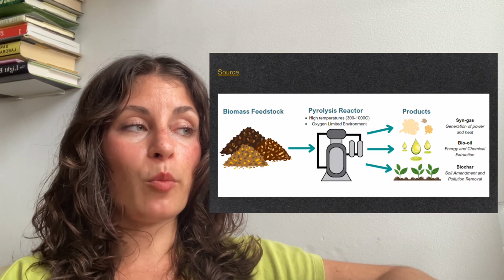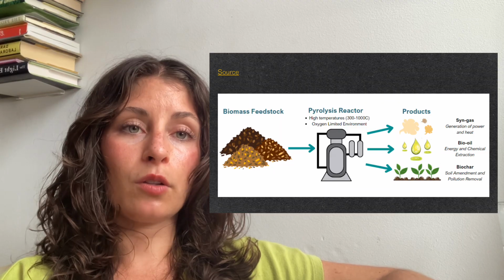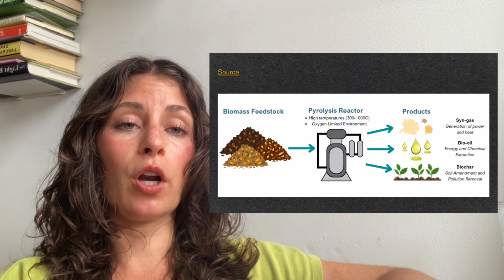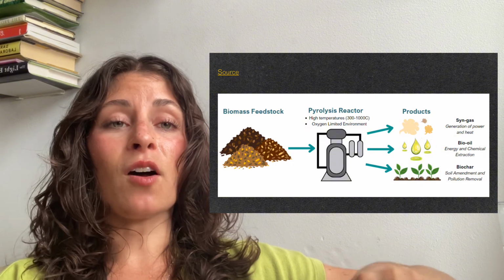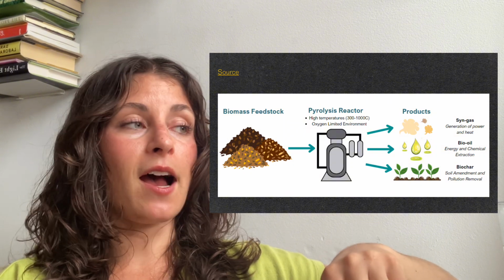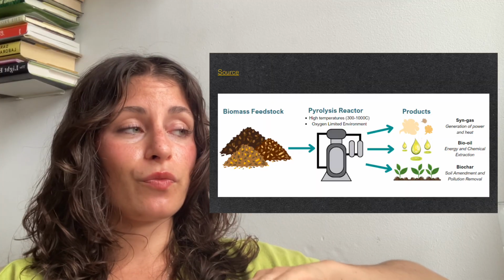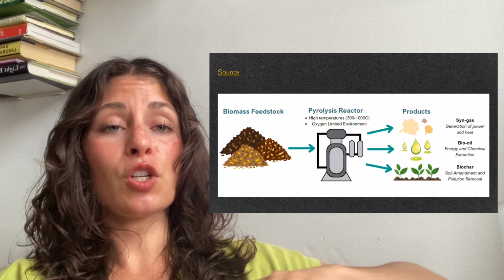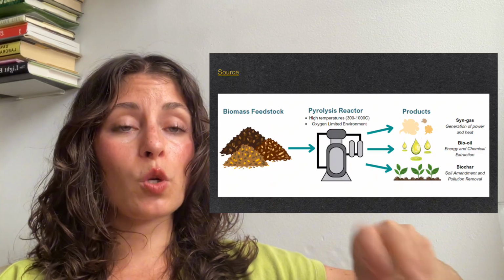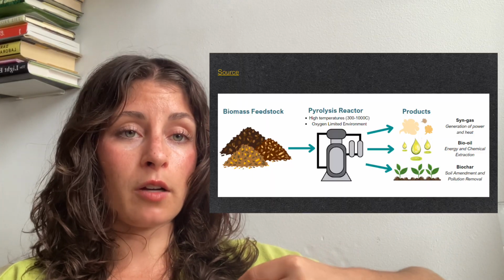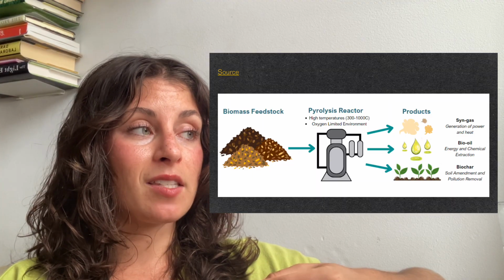Here's another thing about production methods, and this is something that I also studied closely when I was producing biochar in the lab. Through pyrolysis, you're going to get a solid, a liquid, and a gas. And all three are actually going to be usable. So you have the biochar, that's your solid, right? You have your bio oil. There's going to be oil residues that come out of this. And then you also have a gas that is released.